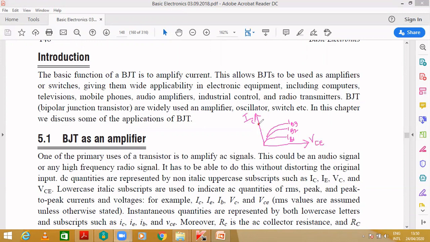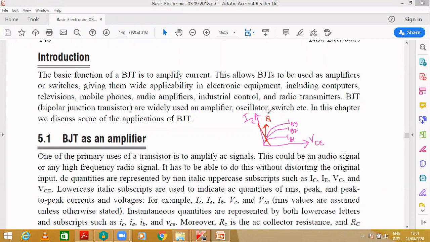Once again, somewhere it is joining, and the point where the DC load line joins the characteristic curve is called the Q point, or bias point.